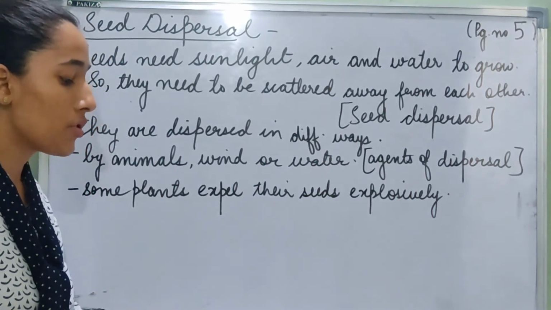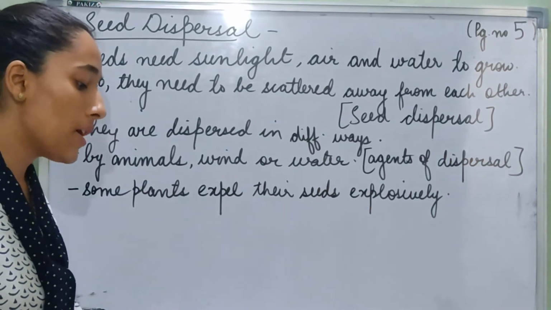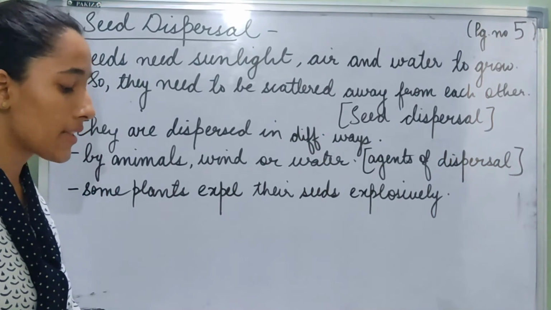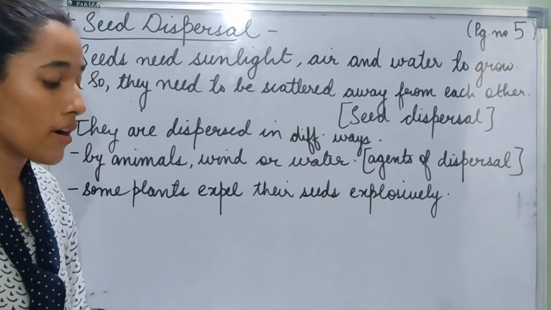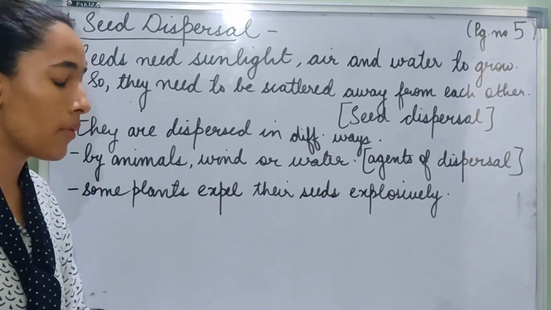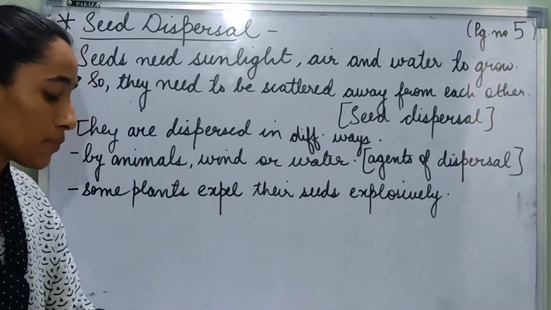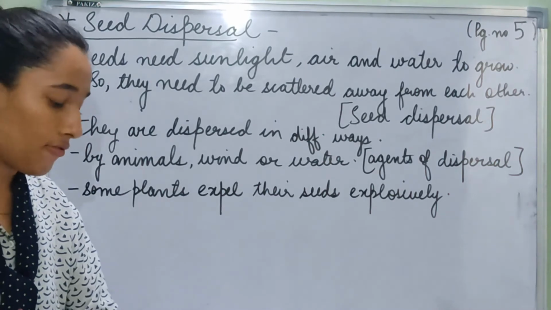Seeds need sufficient sunlight, air and water to grow into healthy plants, so they must be scattered away from each other. The process by which seeds are scattered away from the parent plant is called seed dispersal. Underline this. Seeds are dispersed in different ways.